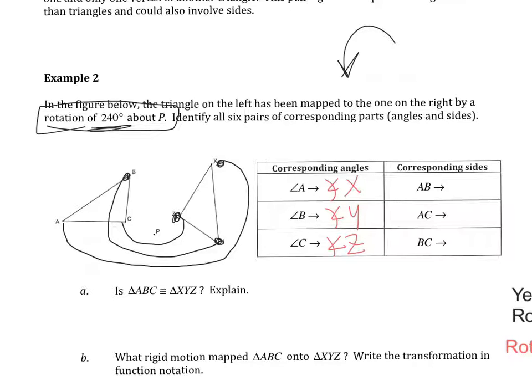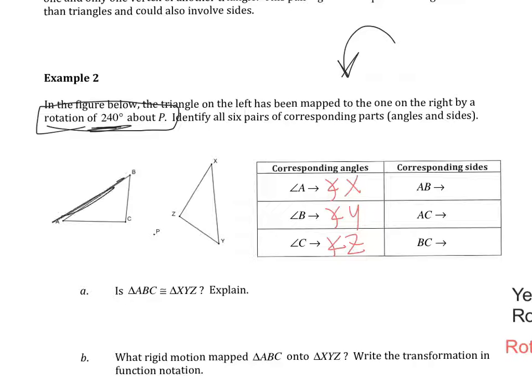The same thing could be said for the sides, so keep in mind that if I was to rotate my sides 240 degrees, let's say I took side AB, when I rotate it, it would wind up at side XY. So think about it, those two would match up.